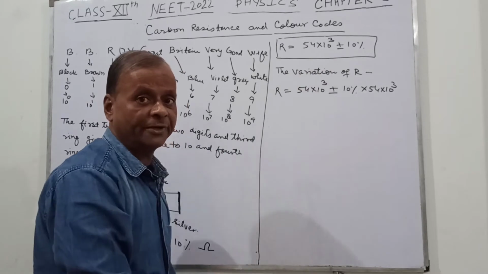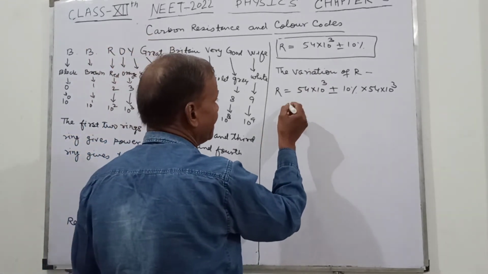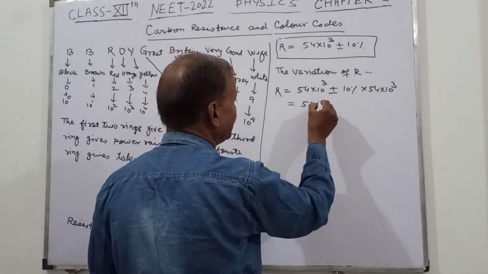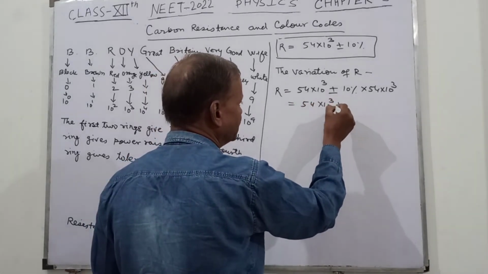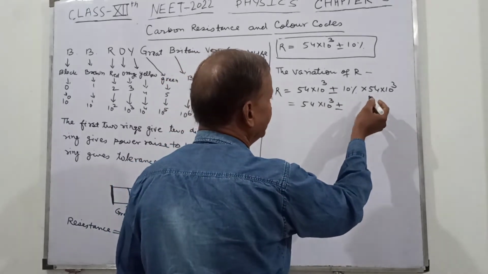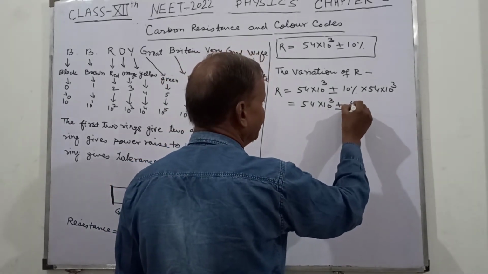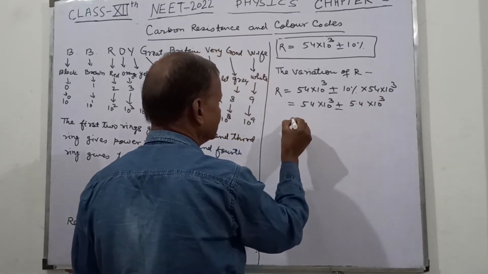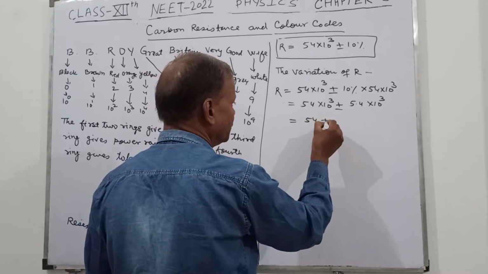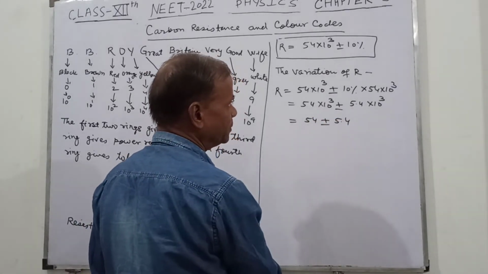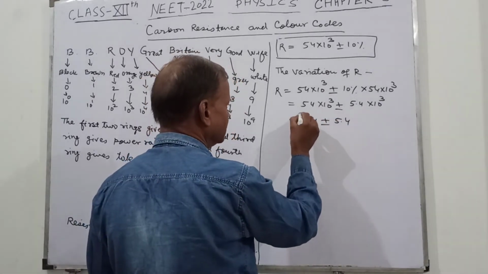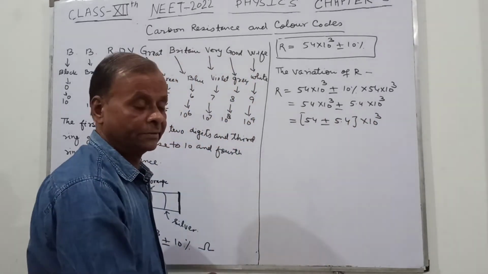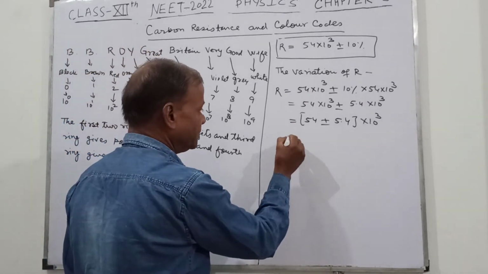This is the specified value of the resistance. 54 into 10 raised to the power 3 plus minus, this is now your 5.4 into 10 raised to the power 3, so this is now 54 plus minus 5.4 into 10 raised to the power 3. So that we have the variation.